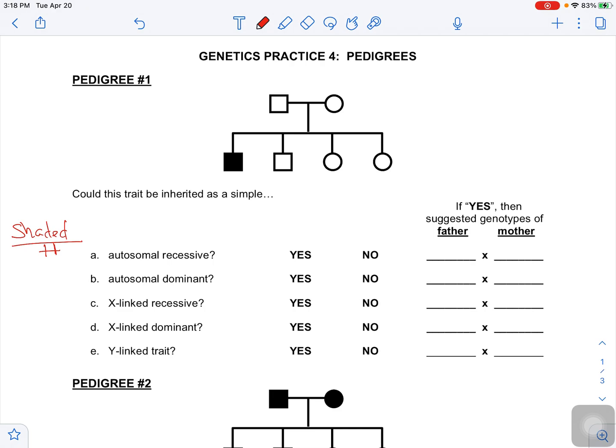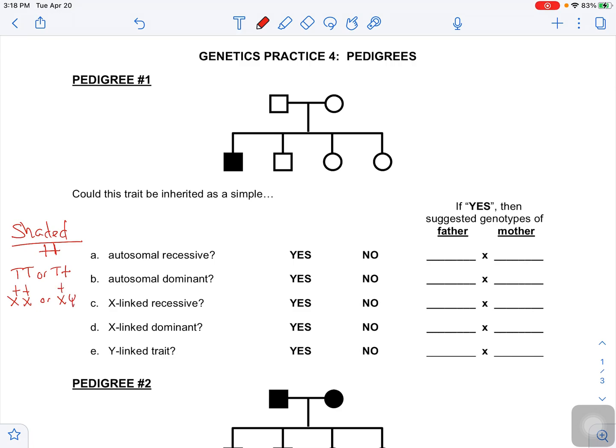If it's an autosomal dominant inheritance pattern, that means the shaded individuals will either be homozygous dominant or heterozygous for their genotype. If it's a sex-linked recessive, the individual for a female would be XX with two recessive X's, or for a boy, it would be that.